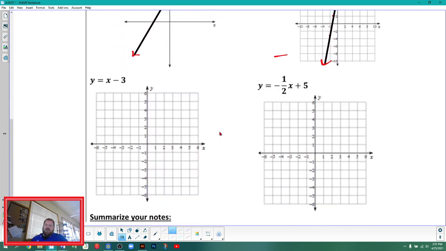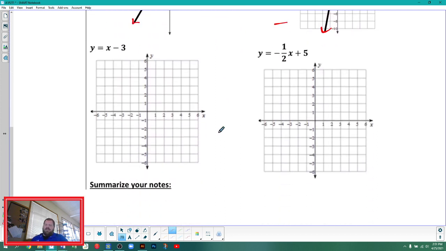Let's see if we can get some better luck with some of these bigger graphs. I like bigger graphs. So this one has a slope. What's the number in front of x? That's the tricky one. And a y-intercept, I include the sign with that, so it's negative 3. So a y-intercept of negative 3 and a slope of 1 means go up 1 and over 1.